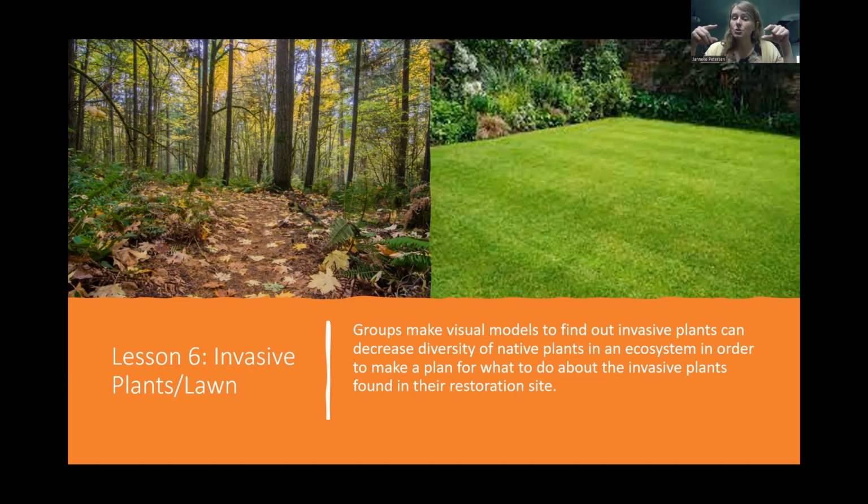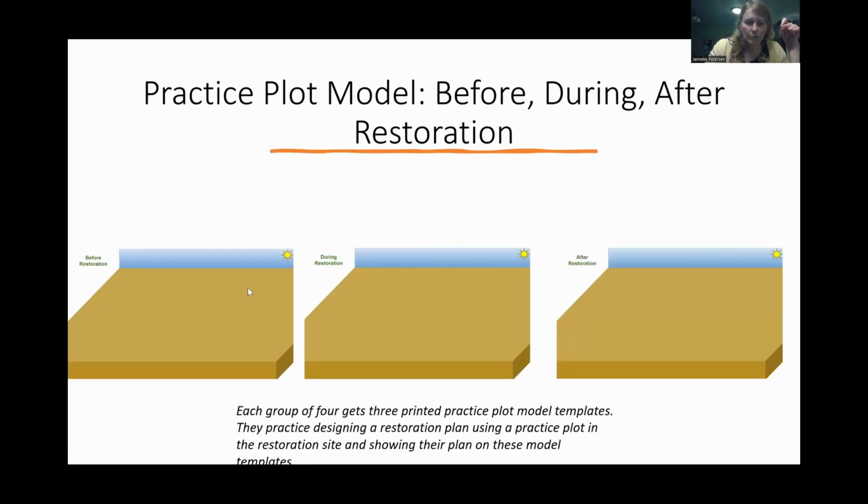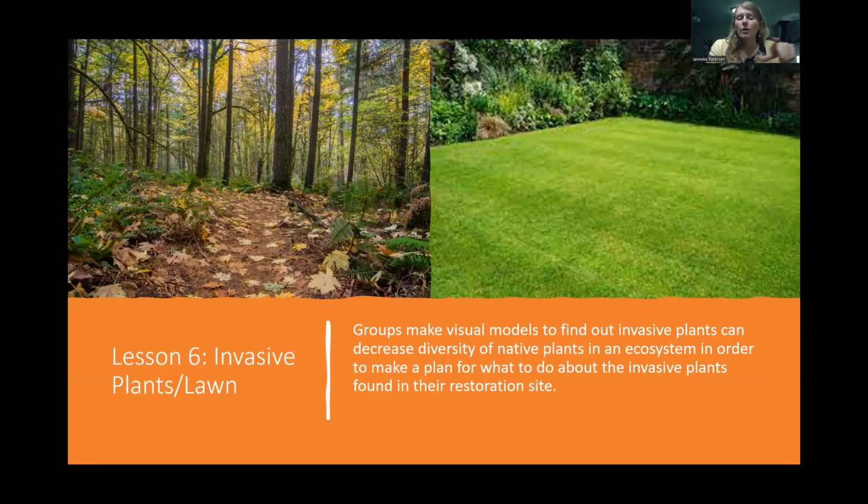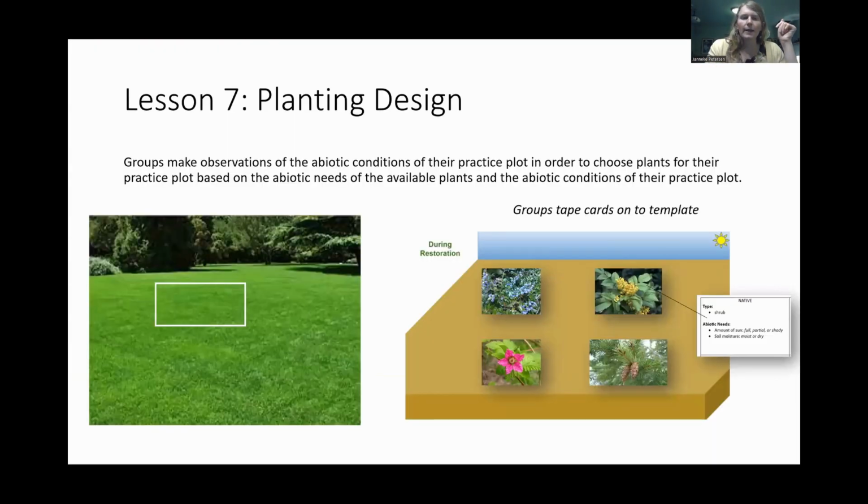In part 1, students do make a model using the template I just showed you. So this one, before restoration, part 1 of lesson 6, they just make a simple model of their restoration site before any restoration. It takes about 10 minutes, and you talk about models. So do part 1 of lesson 6 even if you don't have invasives, but then you can skip the rest of it if you don't have invasives.